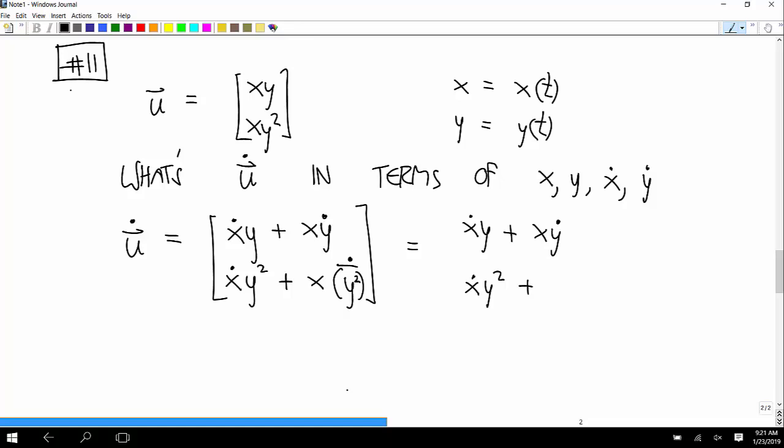So what's d y squared dy? The derivative of y squared with respect to y is 2y. So 2, I'm just pulling the 2 out to the front, x, y, and then dy dt is y dot.